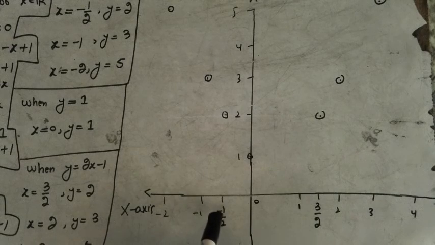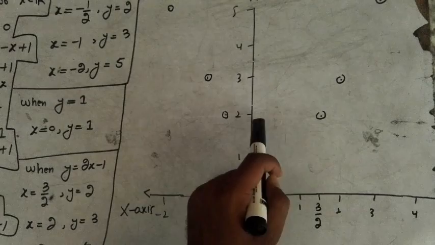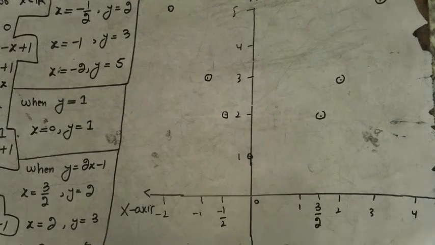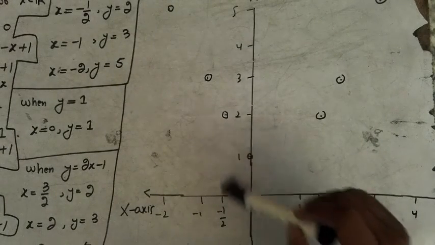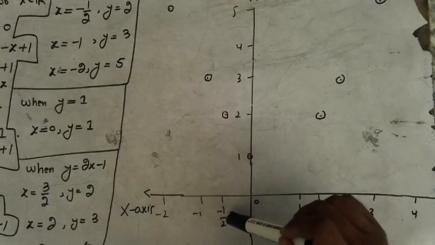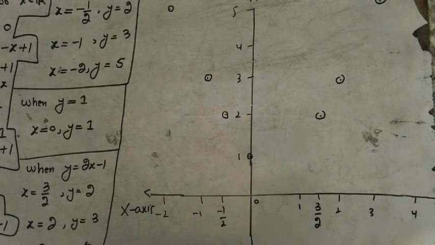We put a dot. These values are minus 1 by 2 on the x-axis and 2 on the y-axis.